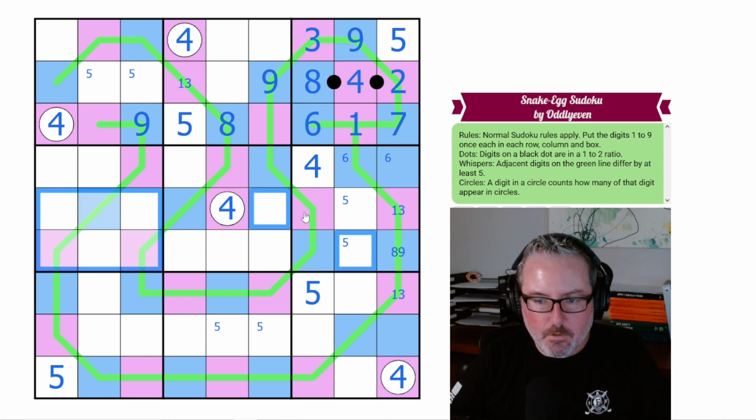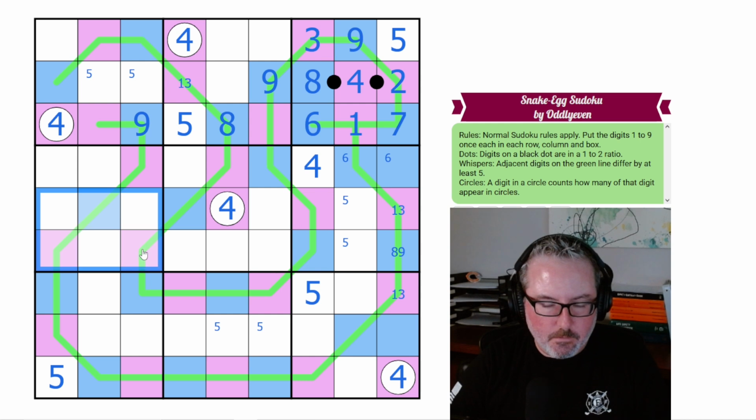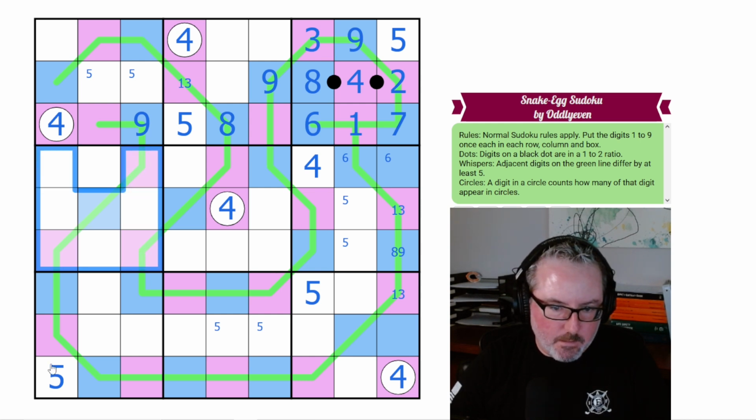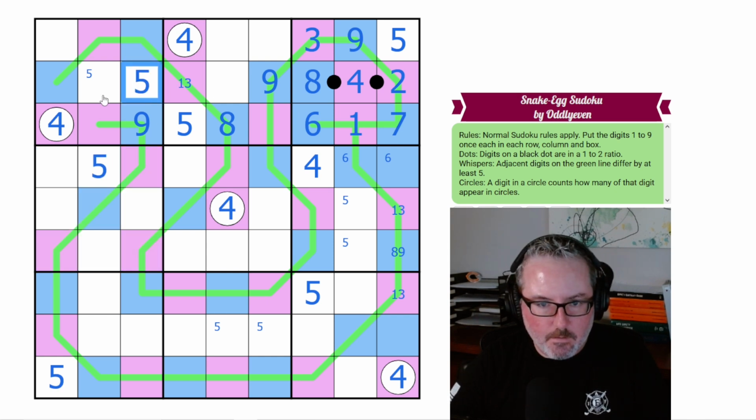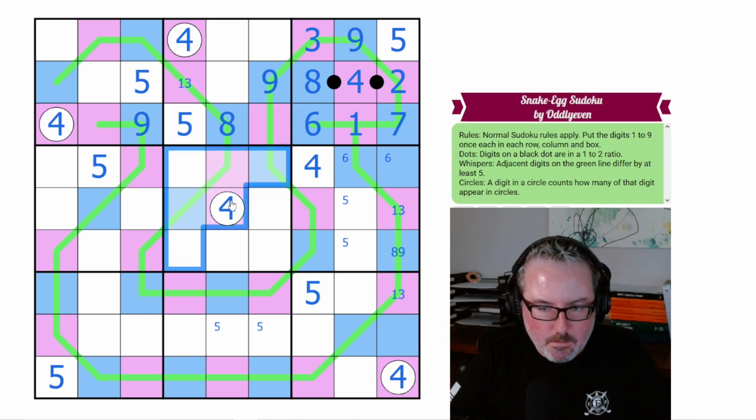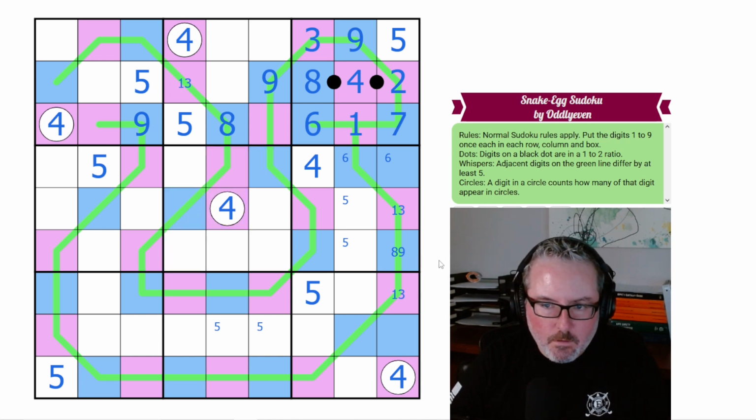So no matter how we put our 5s in these two boxes, all of these are ruled out as being 5s. Now that can't be a 5 because it's not a German whisper, and that's not a 5 because the 5 sees it. So therefore we get a 5 here and a 5 here. Now, can we do anything else? I don't, at least not in terms of 5s. All right, so the 5s have been mostly cleaned up. That's good.